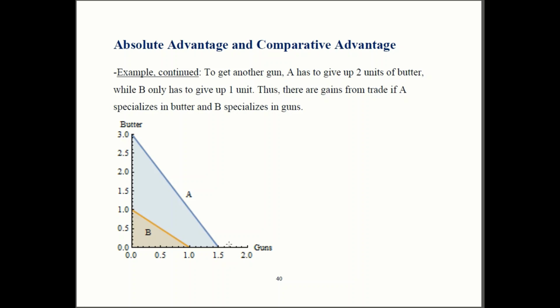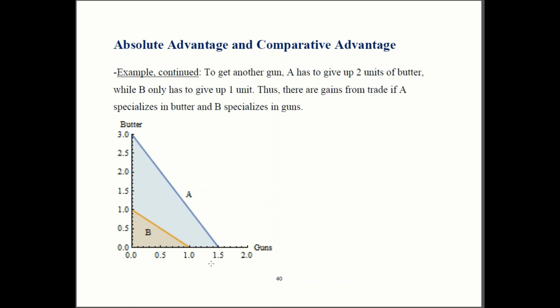So let's verify. For B, the slope is 1, so rise over run is 1 over 1, so a slope of 1 means it costs 1 butter to get one gun in country B. In A, the slope is 2. So rise over run, we have 3 for the rise and 1.5 for the run. 3 divided by 1.5 is 2.